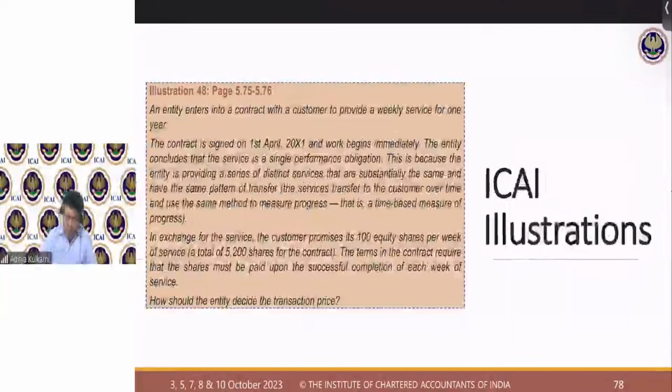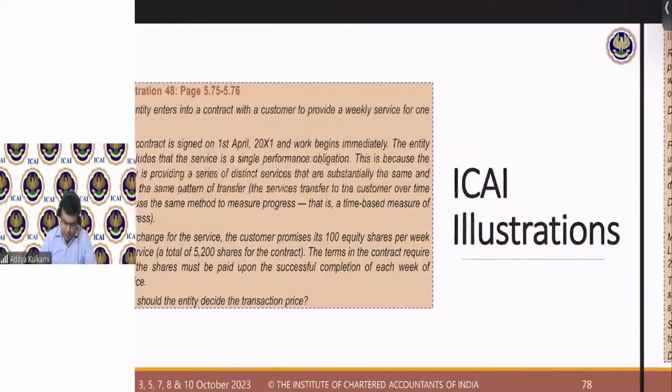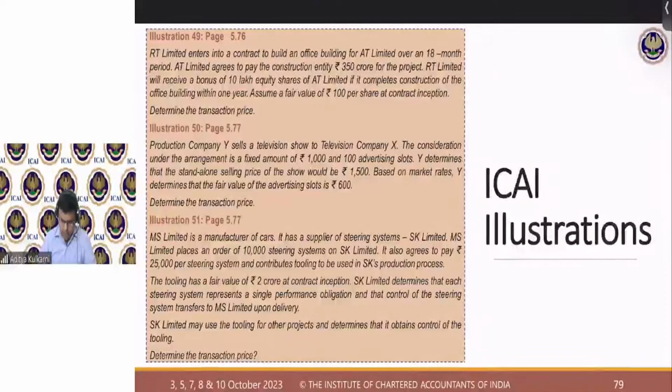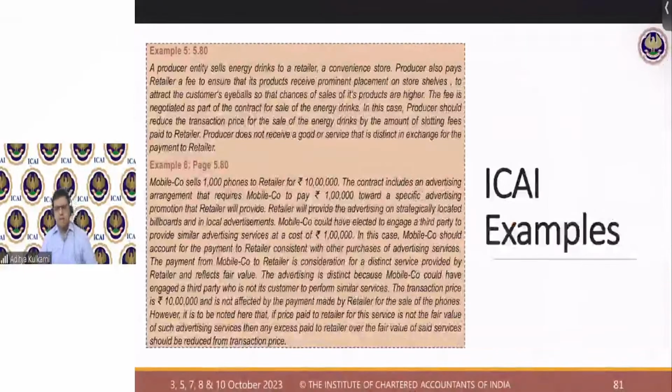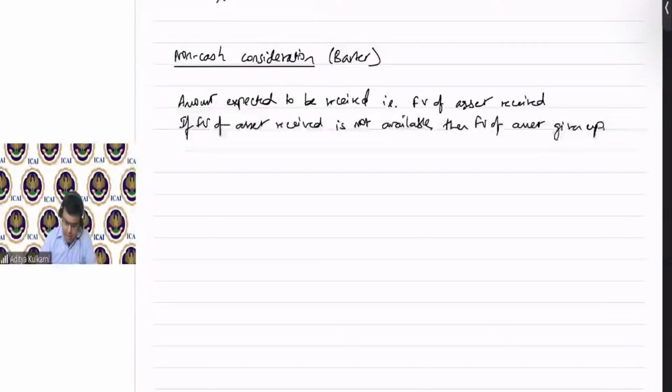Okay, so you can go through these illustrations 48, 49, 50, 51. They are all quite simple, not difficult. Now I will be taking you through the next concept, that is payments to customers.